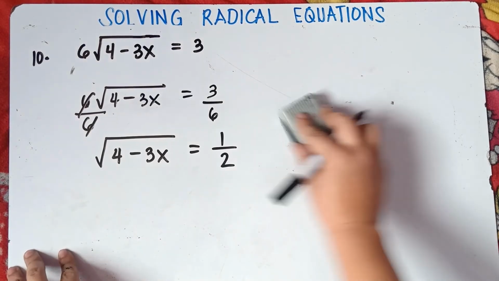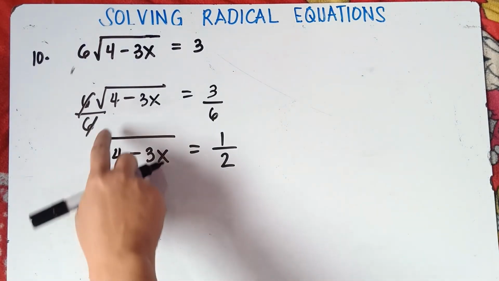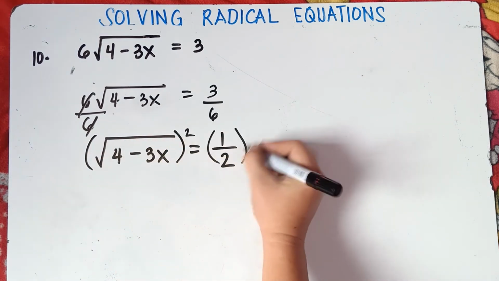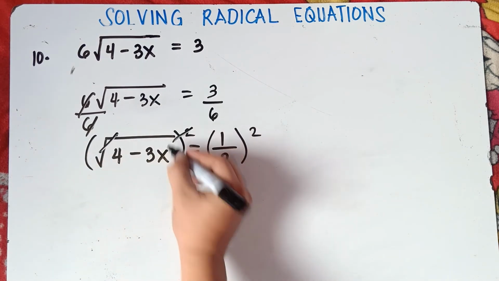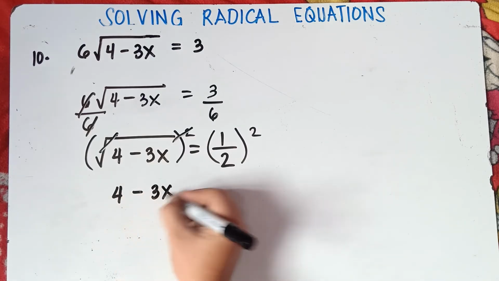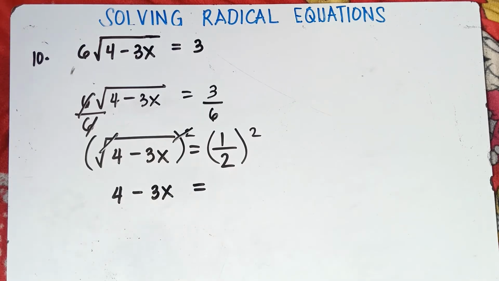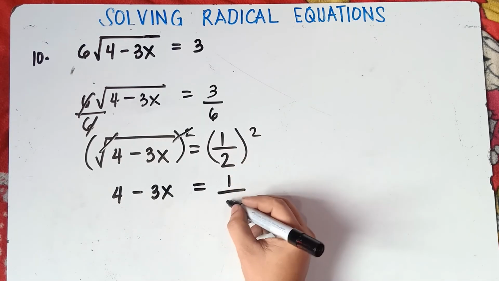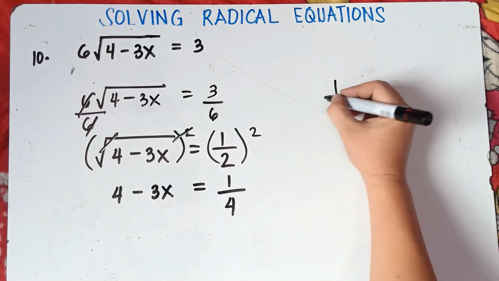Alright, and then next step, we square both sides so that we can cancel this out. So square both sides. So we cancel this out. And this will be 4 minus 3x equals, you square this one. So 1 times 1, that is 1. 2 times 2, that is 4. Once again, class, you square this one.